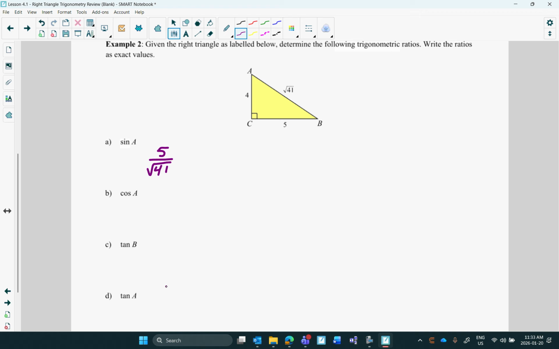And you can leave it like that. Remember when we did radicals earlier this year, we couldn't have a square root in the denominator. We're going to say that's okay for this one. And these sides actually form a right triangle because 4 squared plus 5 squared is 41. So that hypotenuse will be square root 41. What is the cosine of A? 4 over root 41.